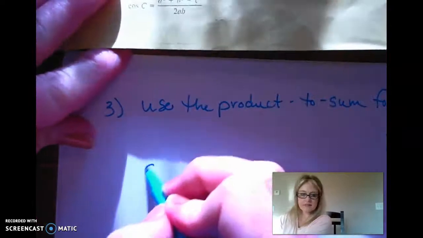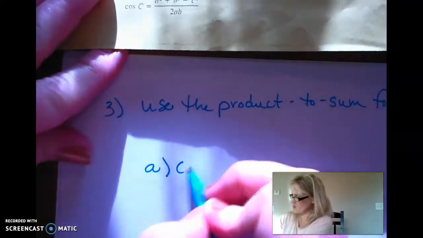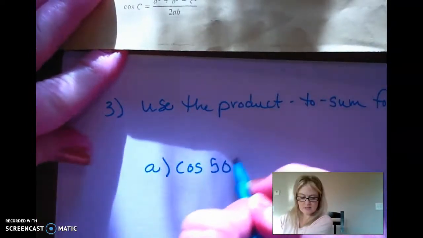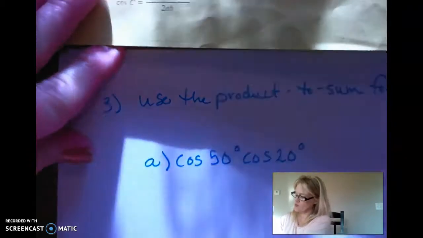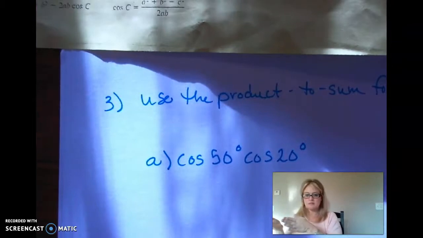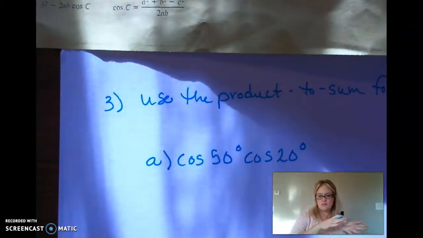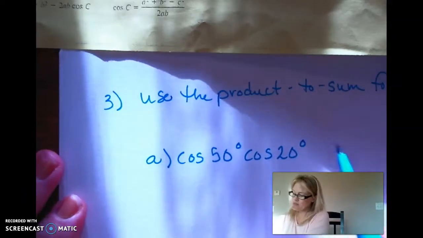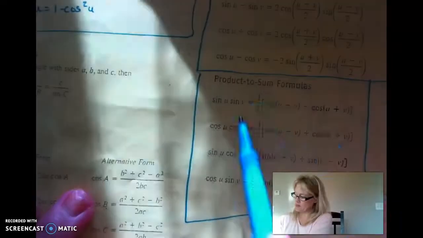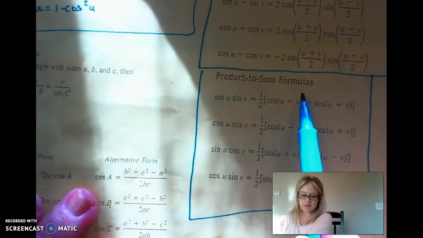So if you look at this example here, where the cosine of 50 degrees times the cosine of 20 degrees. Well, am I going from multiplication to addition or addition to multiplication? This is product to sum. So we're going to use the product to sum formula.